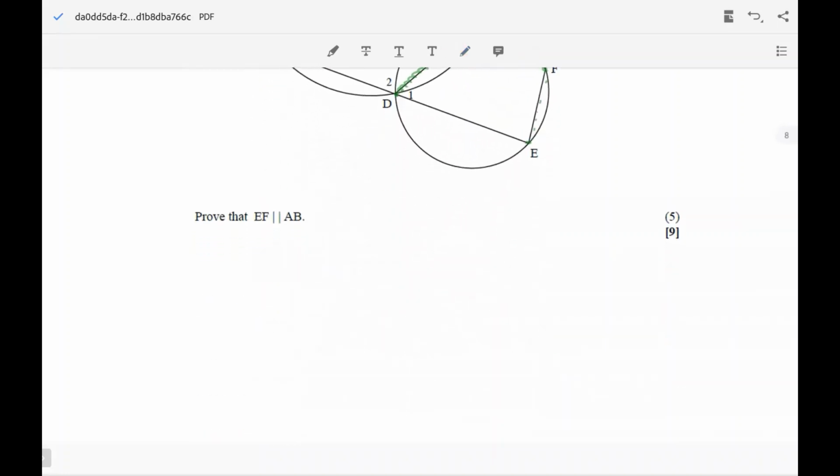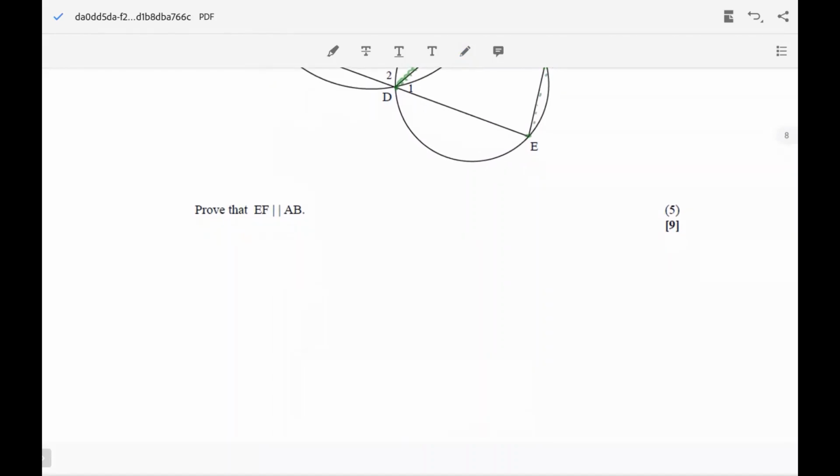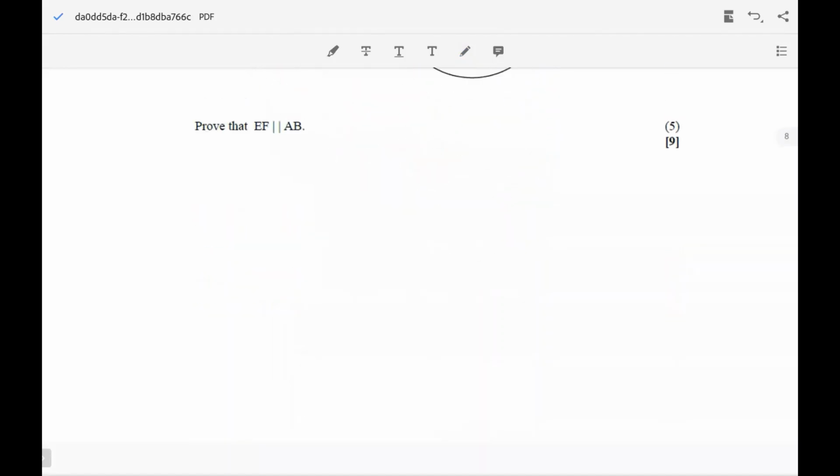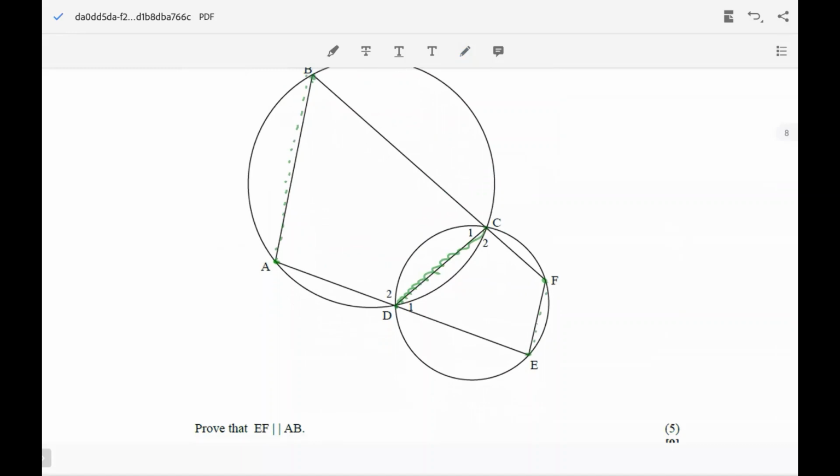The question wants us to prove that EF is parallel to AB. EF should be parallel to AB. So what we have, if I sketch it on the left here, AB, and then EF somewhere there.